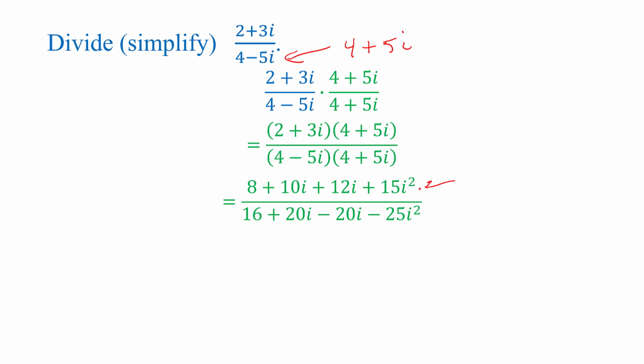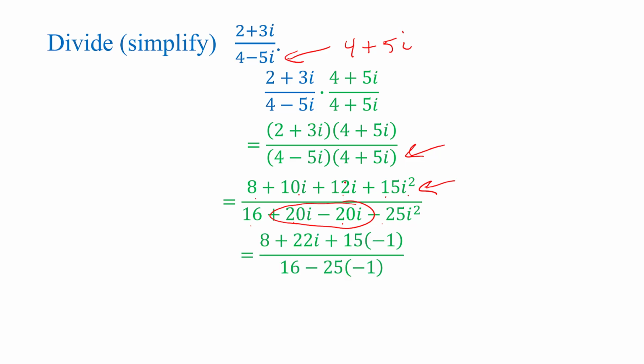And foiling those two together, we would get 8 plus 10i plus 12i plus 15i squared. In the denominator, we have 4 minus 5i times 4 plus 5i, or 16 plus 20i minus 20i minus 25i squared. Again, we see that we have 20i minus 20i gives us 0, and we can simplify further to get in the numerator 8 plus 22i plus 15 times negative 1.